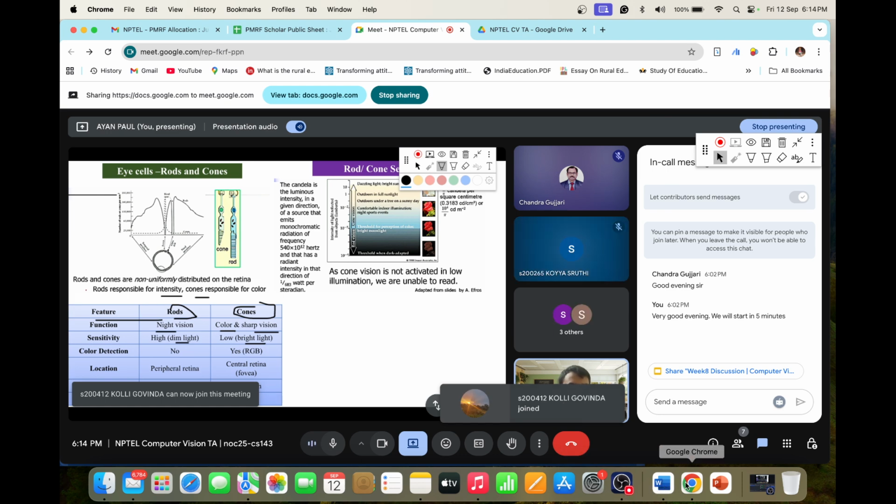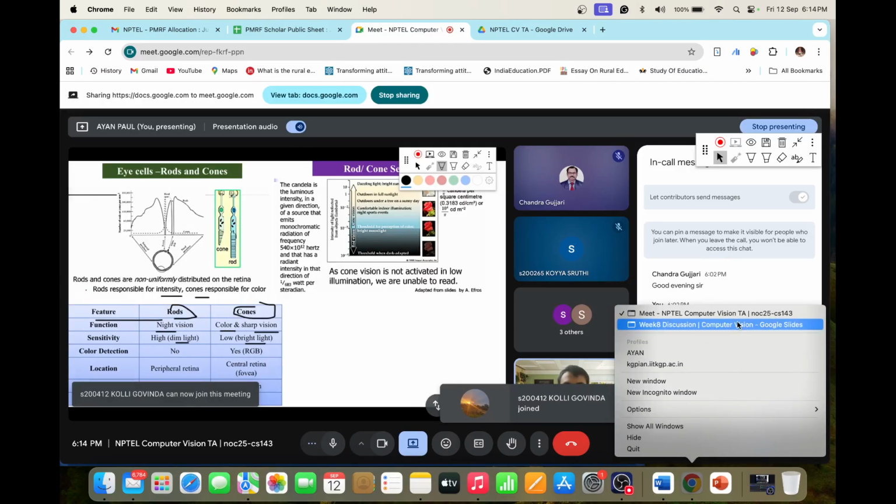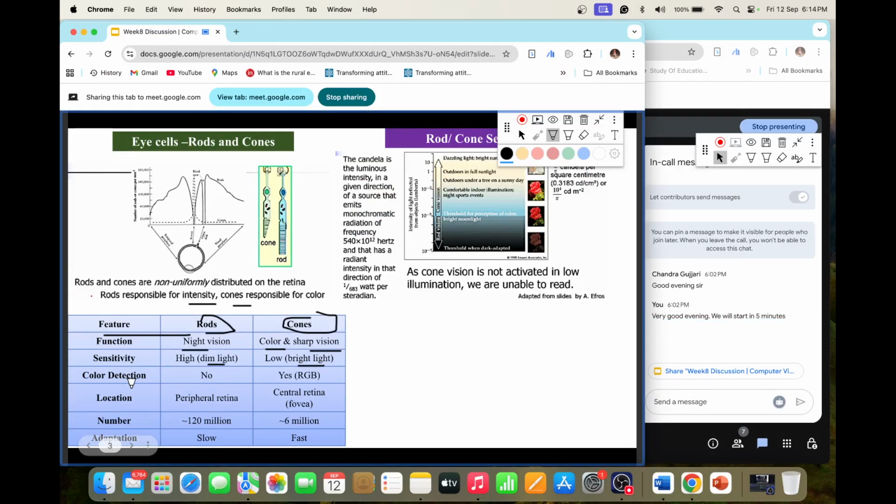Color detection: the rod cell does not give you any color detection, but the cone cell generally detects three colors: short wavelength, medium wavelength, and long wavelength, and that is known as RGB, which I will show you. Location: rods are located in the periphery of the retina, and cones are located in the central retina.